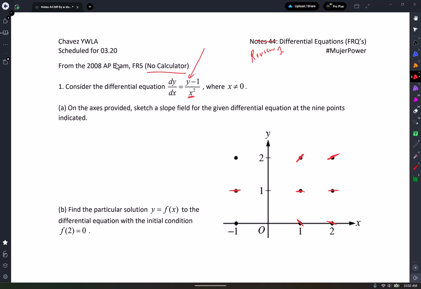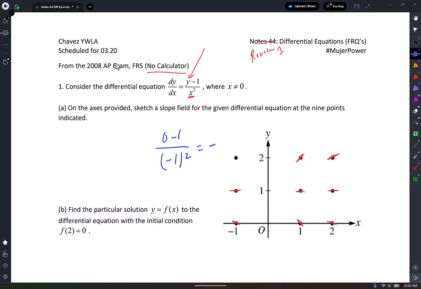Now I'm at negative 1, 0. So 0 minus 1, that's negative 1, and then negative 1 squared is going to be 1. So my total thing is going to be negative 1. So make it look like the one at 1, 0. Make it look like this one. Sorry. Am I wrong? 0 minus 1 over negative 1 squared.